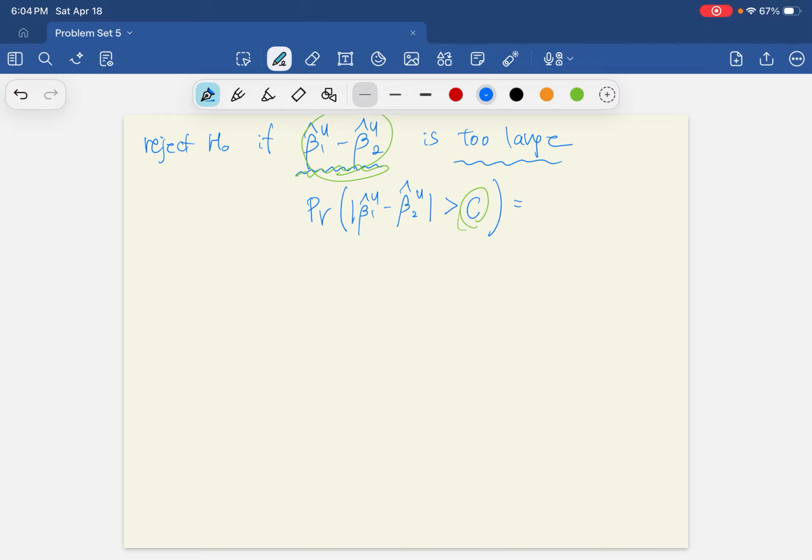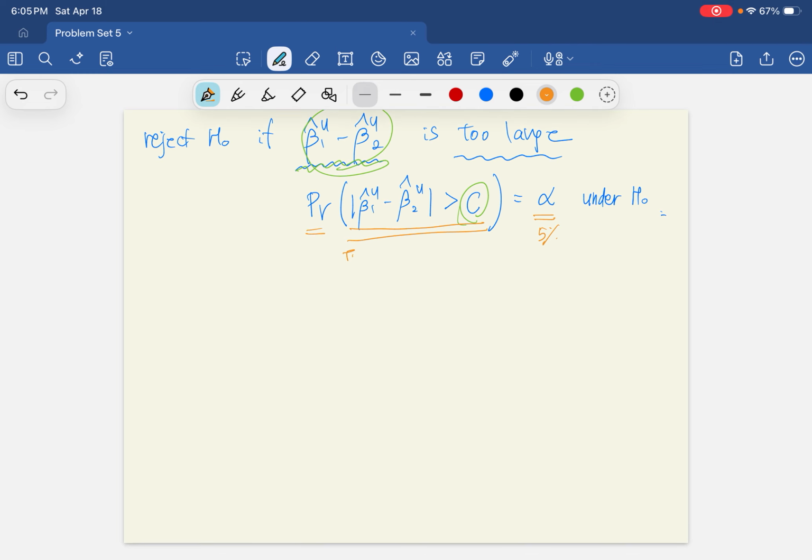The required condition is that this probability is alpha under H0. If the null hypothesis is correct, then the rejection probability is alpha, for example 5%. So you allow alpha percent type 1 error, because if you reject the null hypothesis when it is true, that is type 1 error.